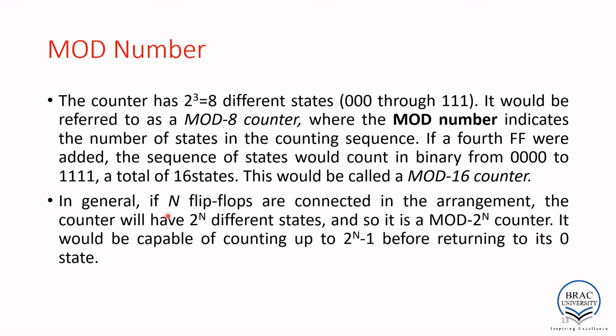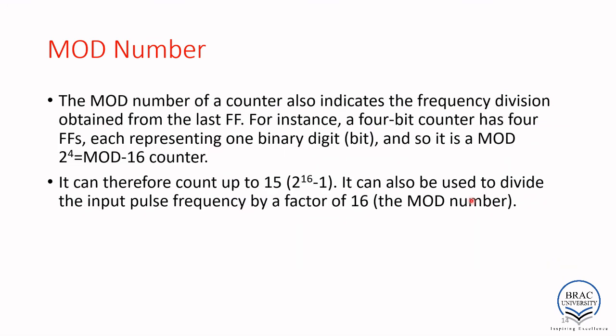In general, if n flip-flops are connected in an arrangement, the counter will have 2 to the power n different states. So the mod number is 2 to the power n. It will be capable of counting up to 2 to the power n minus 1, starting from 0. The mod number of a counter also indicates the frequency division obtained from the last flip-flop.